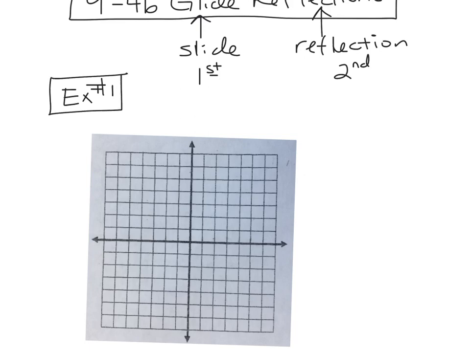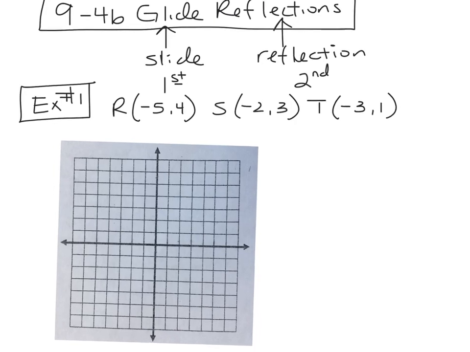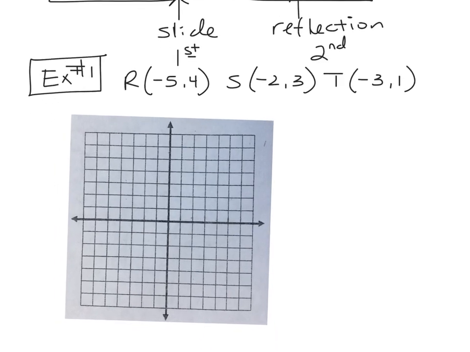They will tell you to graph triangle RST, where R is -5, 4, S is -2, 3, and T is -3, 1. Okay? And then they will tell you the notation for it, what they want you to do with it, and that is this.